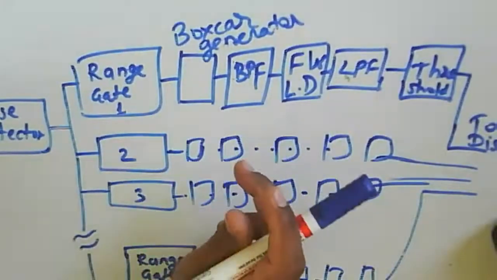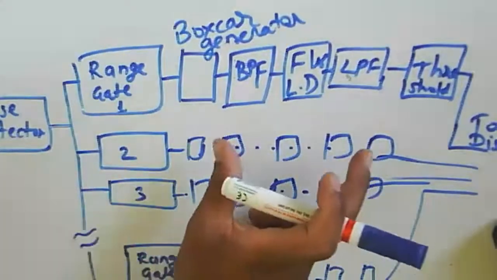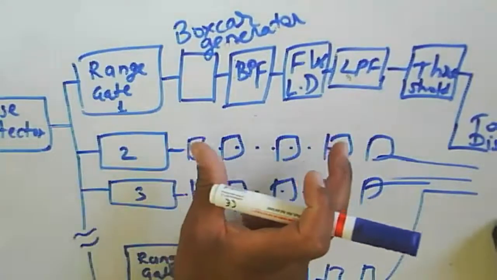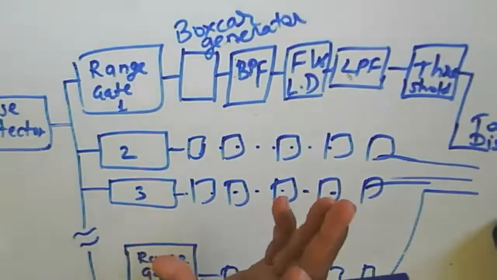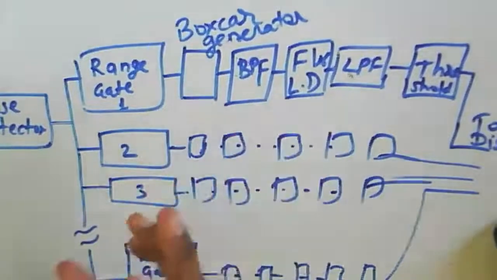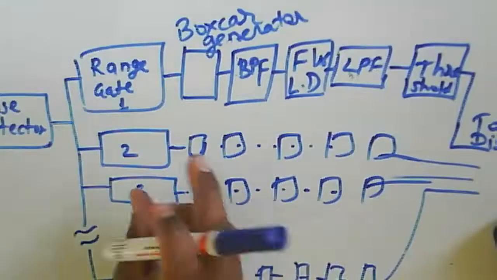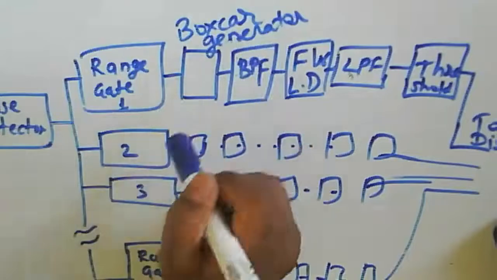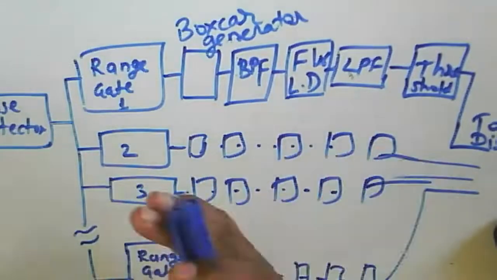While designing this range gated Doppler filter, it will be more complex than what we considered earlier, the MTI single delay line canceller. But if you use this range gated Doppler, we get better performance as compared to the single delay line canceller.